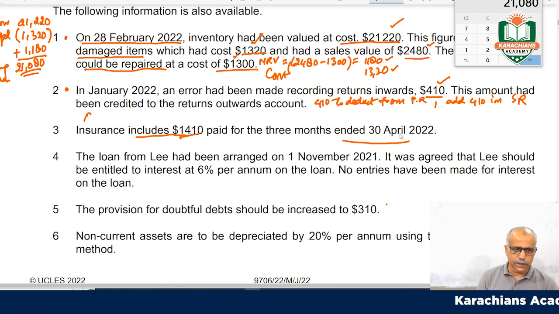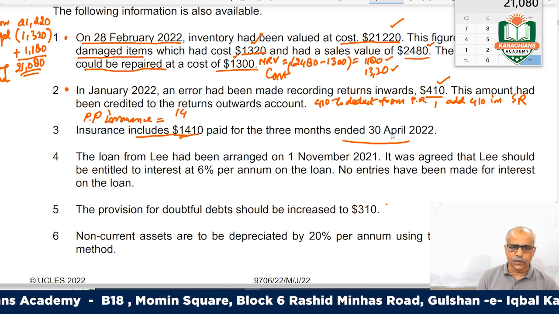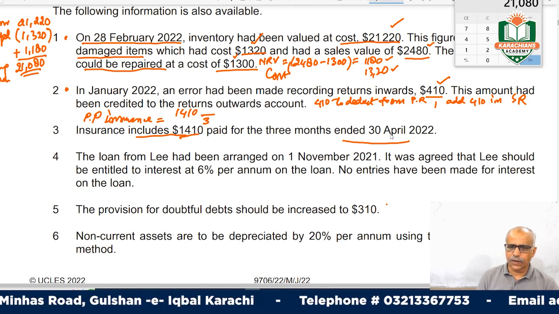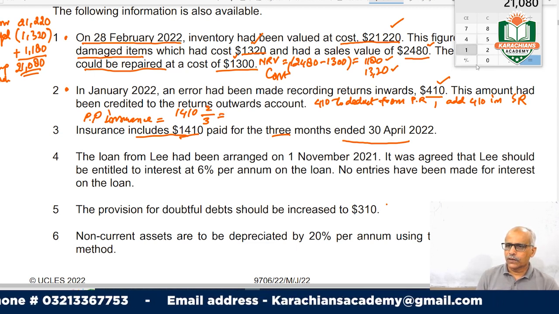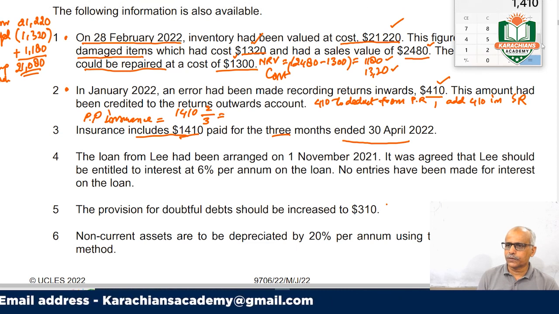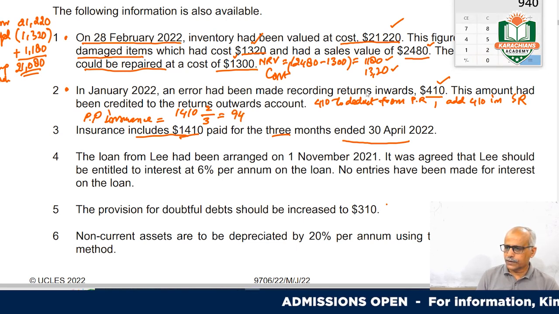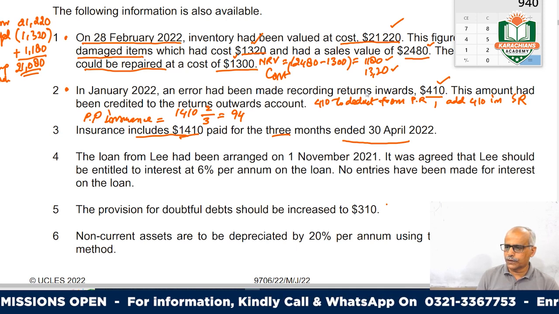You have to calculate it for 2 months: 1410 divided by 3, multiplied by 2, so 940, right?